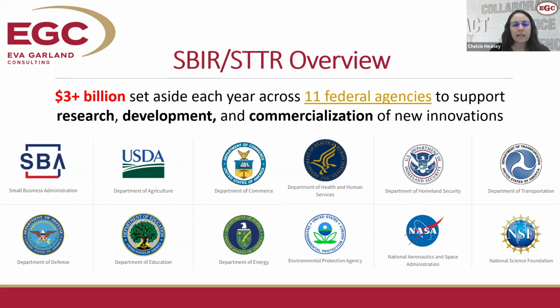You'll be receiving these slides, and anything that's gold underlined is a link. At this link, you can read a description of what each of these agencies is looking for.